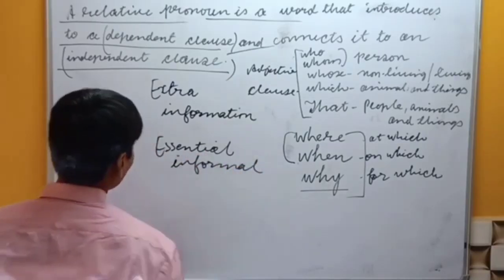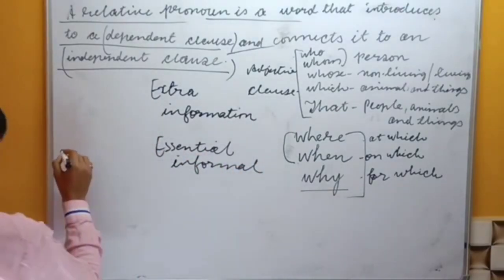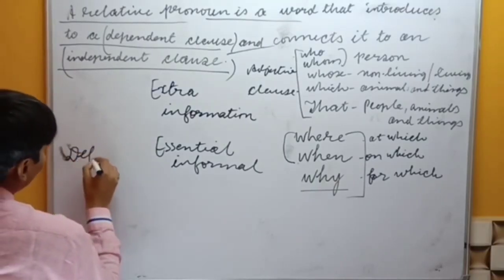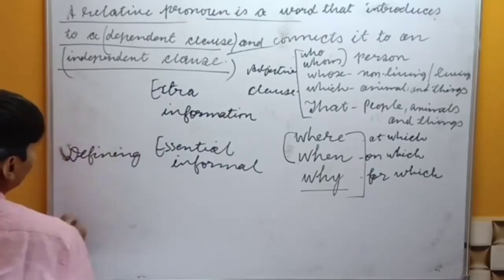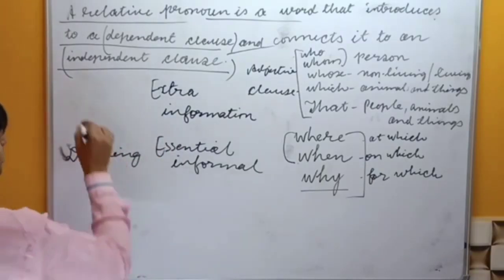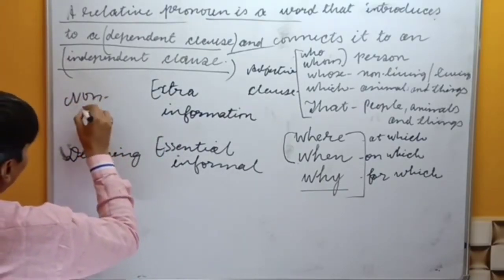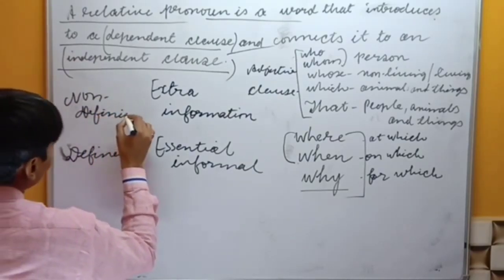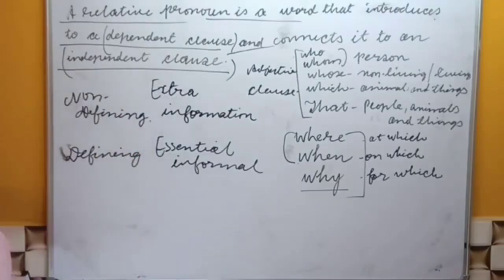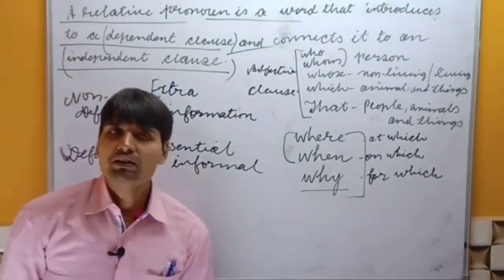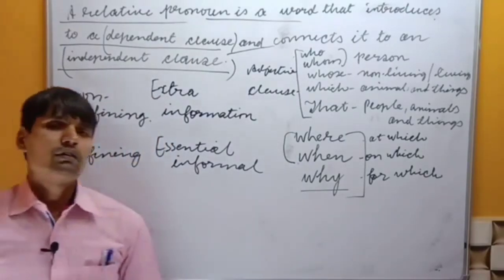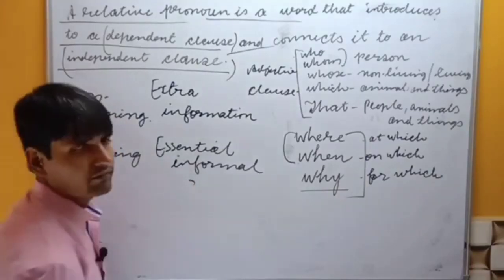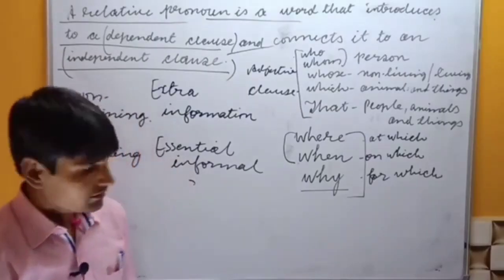Whenever you have essential information, you use a defining clause. And whenever you have extra information, you have non-defining. Now how can you separate them? You can separate them with the help of the comma. Now let's see the sentence.